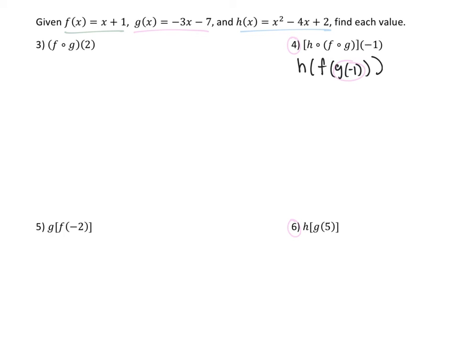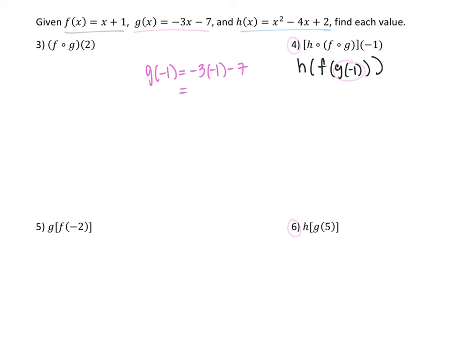So if I look at this, I just need to replace g of -1 with its actual value. So let me do it here on the side. Here's g of -1. If I plug -1 in for g, that's -3 times -1 minus 7.